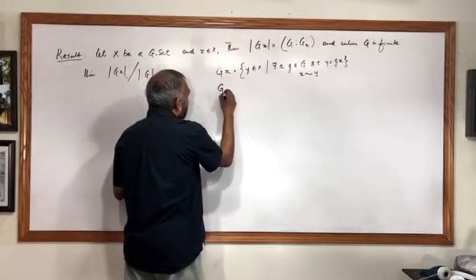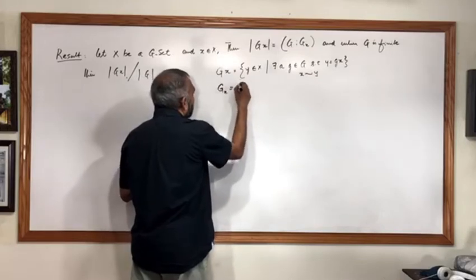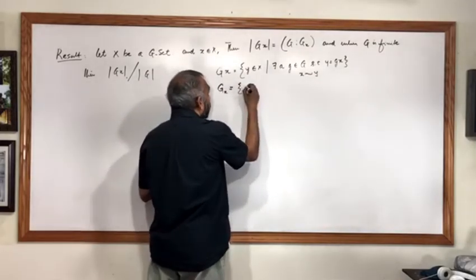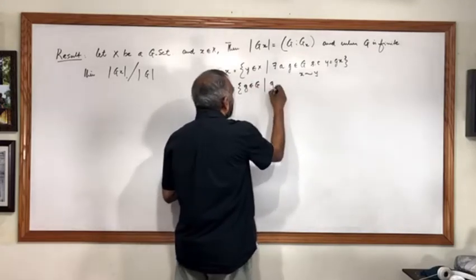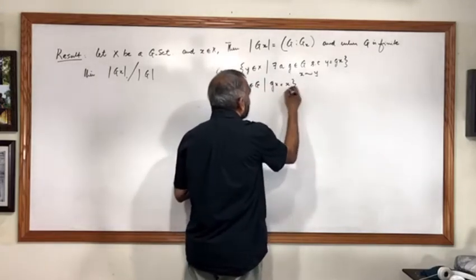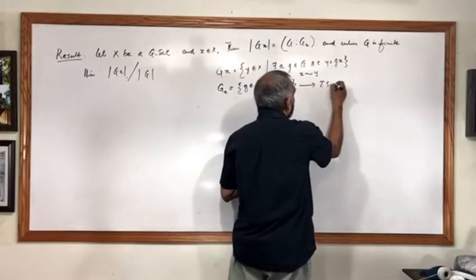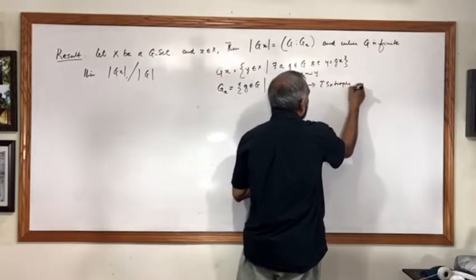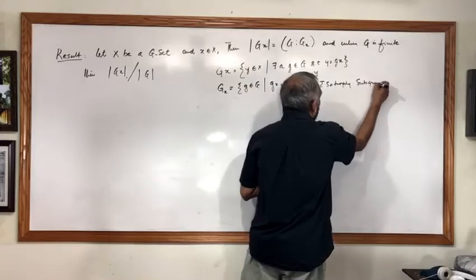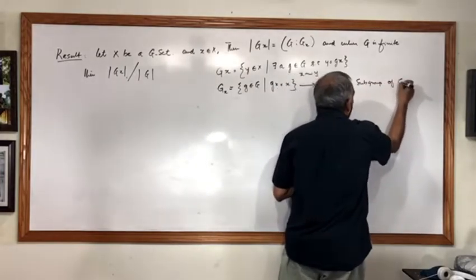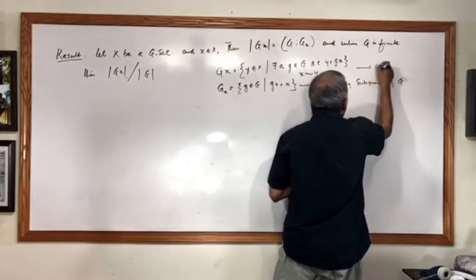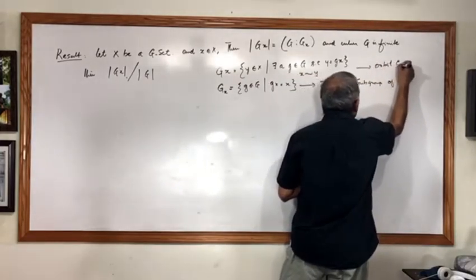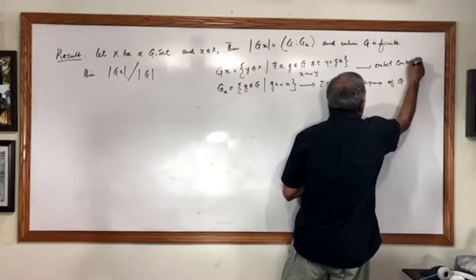G subscript x is the elements g from G such that gx is equal to x. This is the isotropy subgroup of G, and this is the orbit containing x.